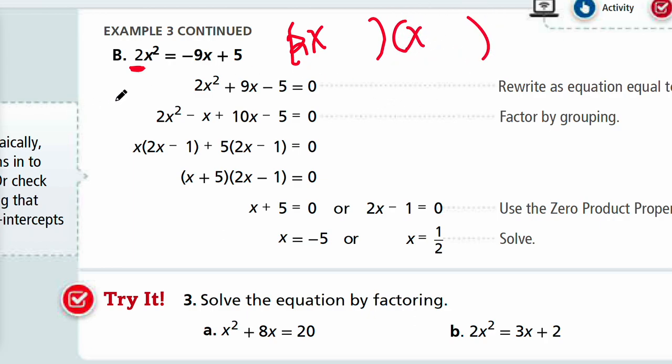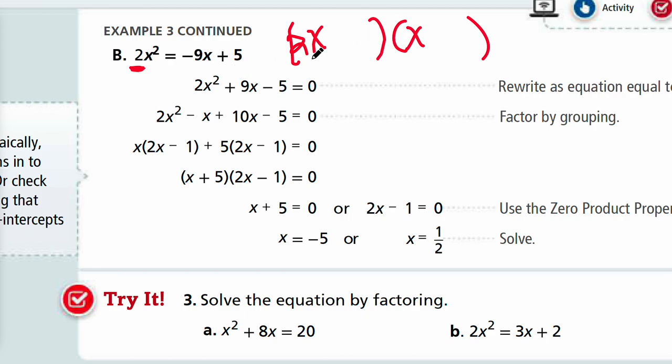Because it's positive, our factors are going to be both positive or both negative. If you find both negative factors, your zeros are still going to be the same. So use positive in this case, okay?